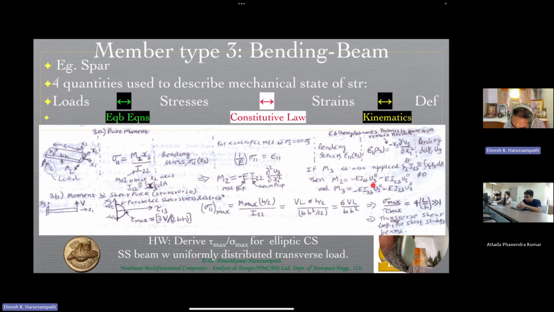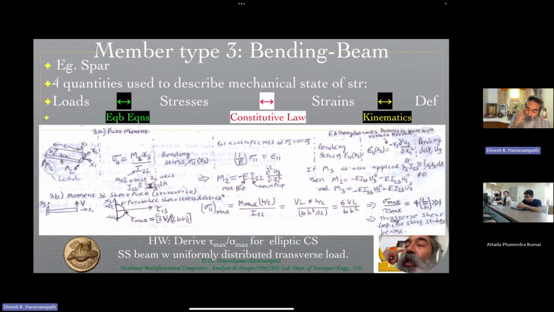Therefore, for M2 the direct effect is U3 and the indirect effect is U2, and one of them involves the moment of inertia, the other involves a product of inertia. Similarly, the other coupling, and of course, the sign convention has to be appropriately chosen over here. So that gives you the relation between M2 and M3 on the one hand, and U2 and U3 on the other hand. It's not directly with U2 and U3, but the second derivative of U2 and U3.